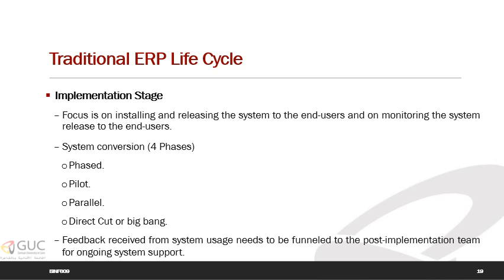The focus for the implementation stage is on installing and releasing the system to the end users, also known as the go live, and on monitoring the system release to the end users. This production platform is a mirror of the development versions of the software. Errors found in the production version have to go through the help desk or support staff.